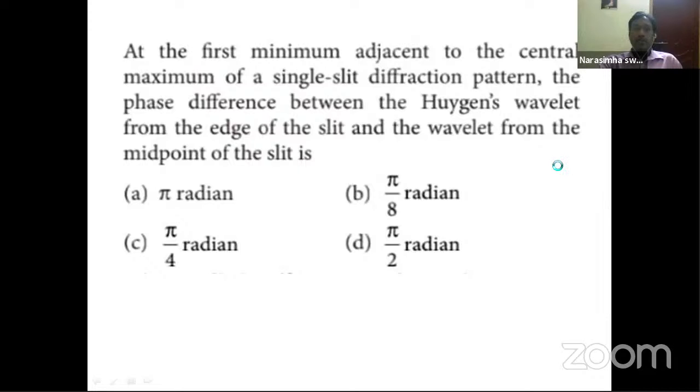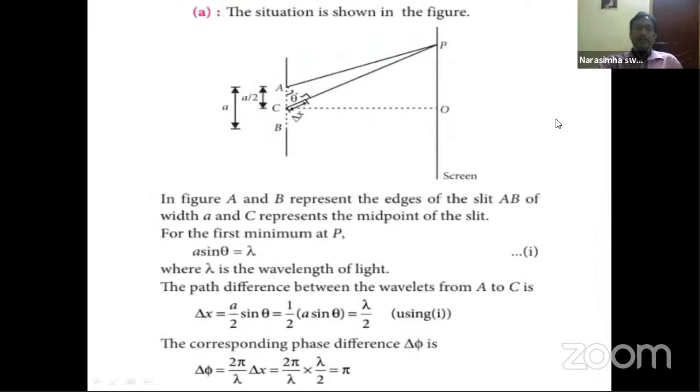So now we'll see the answer with the diagram that I am trying to explain. See, capital A and capital B are the total slit gap, that is a here. The rays start from A and B and move to the screen.